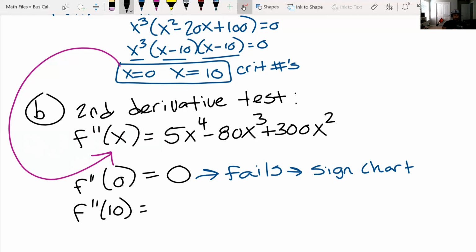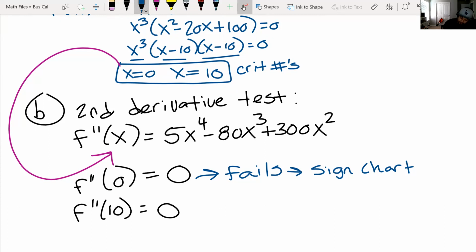So I'm going to take 10 and plug it into my second derivative. If I plug in 10, oh nice, we also get 0.